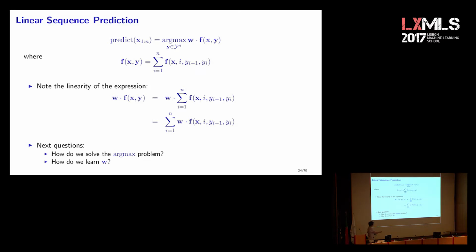If the relation of the score of a part was not linear with respect to the representation, I couldn't do this, because I couldn't get the W out of the sum. I can go from here to here because it's linear.